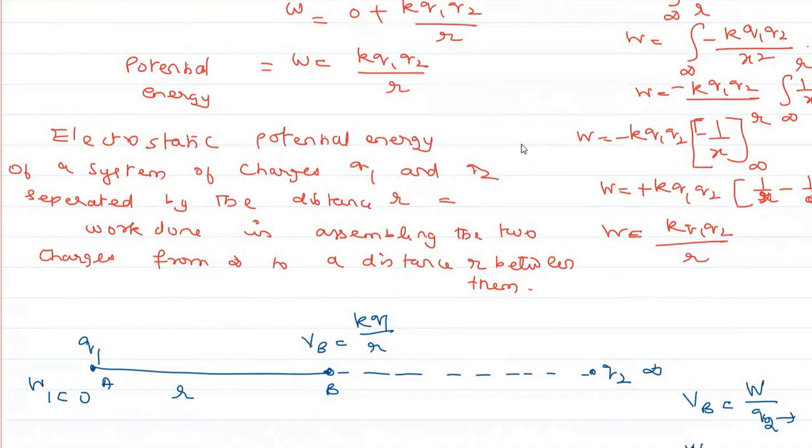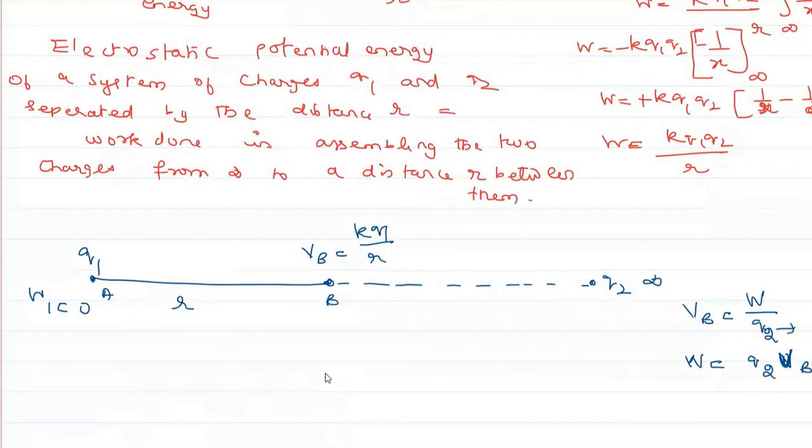That is, work done can be calculated using this formula, Q2 into VB. In the beginning itself, I wrote this formula. The work done is Q2 into VB. So if you use this formula, you will straight away get it. What is the work done in assembling the second charge? How many charges do you need to bring? Q2 charge. Per charge, how much work do you need?